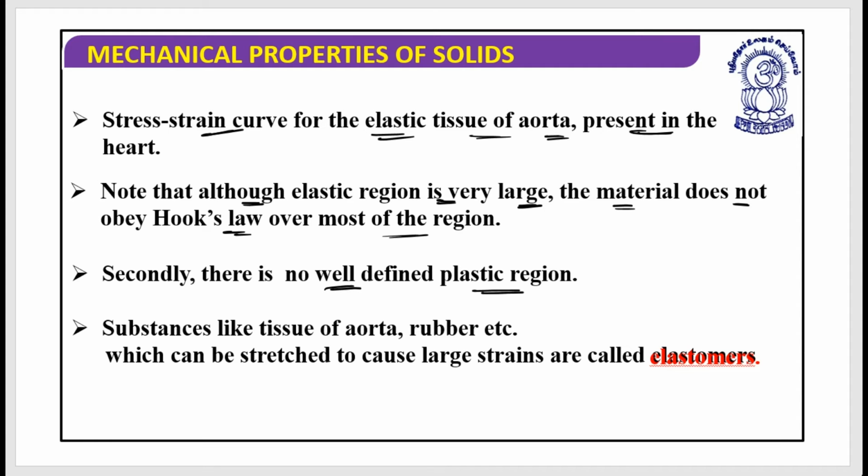Next, there is no well-defined plastic region from where it starts behaving as a plastic material. Substances like tissue of the aorta or rubber, which can be stretched to cause large strains, are known as the elastomers.